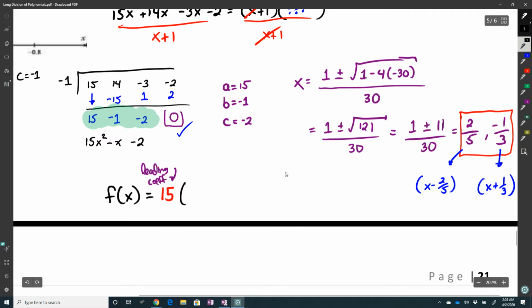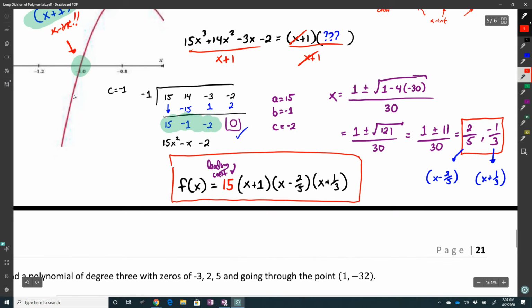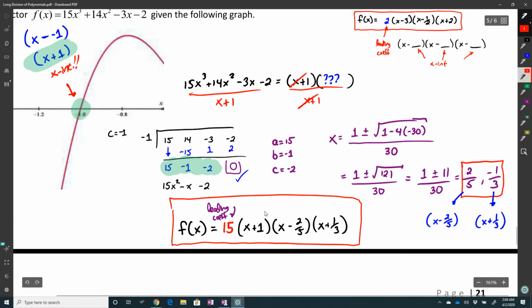But then I know it's going to be x plus 1, x minus 2/5, x plus 1/3. Because remember, I knew the first factor, and I did synthetic division with it to figure out what was left. What was left was a quadratic, so I just went ahead and did the quadratic formula.